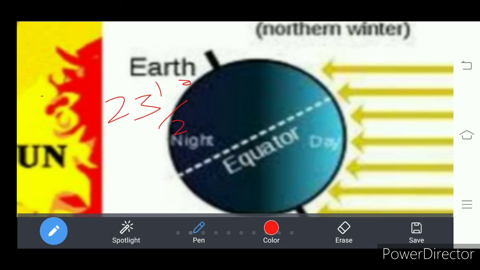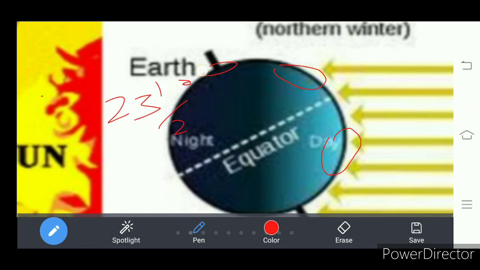So at some places on the earth here, the insolation received is high because the angle of incidence is 90 degrees. And here the sun rays fall slantly, right? So there the insolation is low.